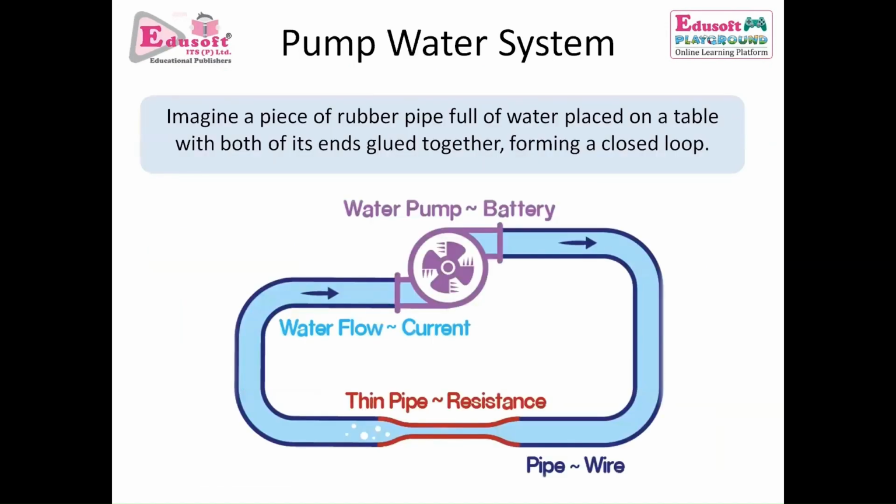We can take one example, a pump water system. Imagine a piece of rubber pipe full of water placed on a table with both of its ends glued together, forming a closed loop. We can take one more example. If you connect a rubber pipe with a water tap and open that water tap, the water flows inside the rubber pipe.